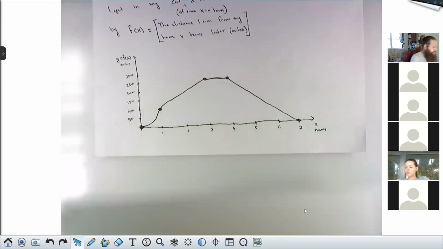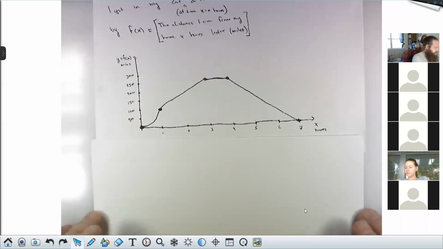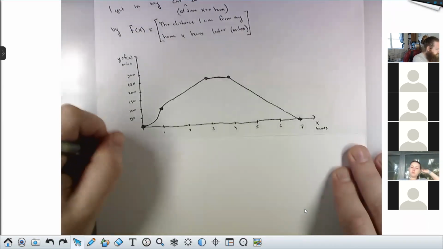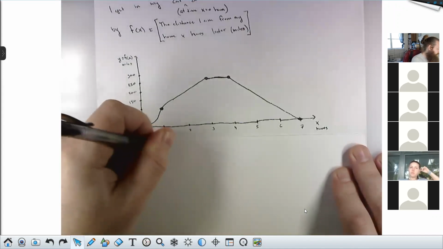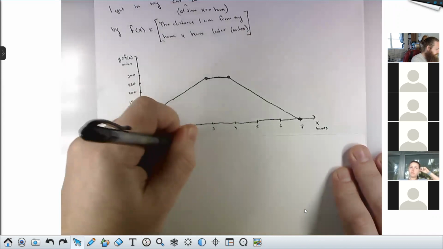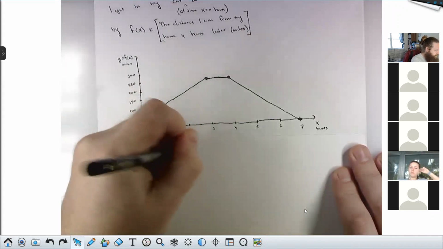So to find a speed, and this is the last time I'm going to use the word speed, I'm going to use the word velocity in the future.